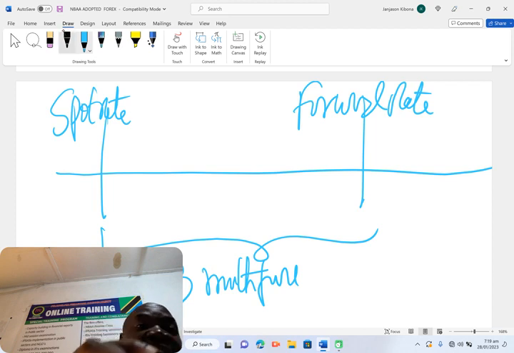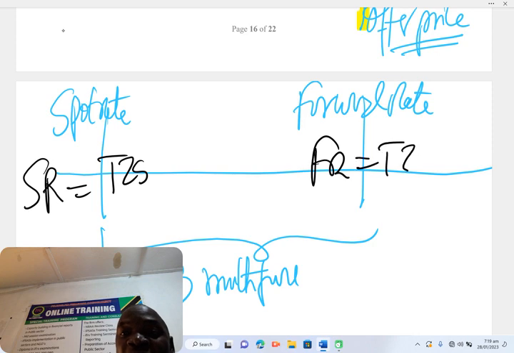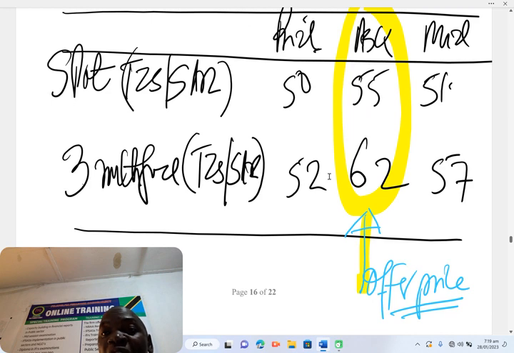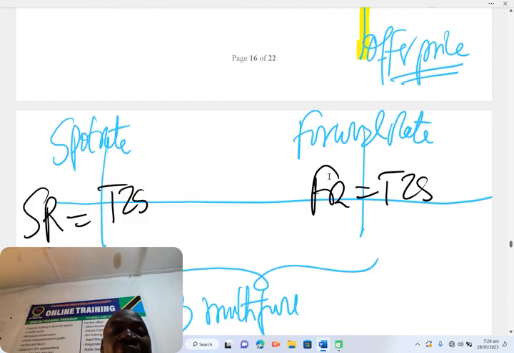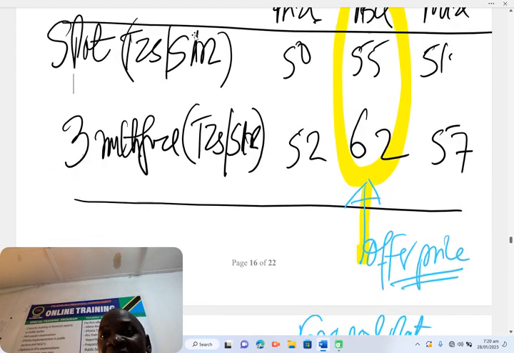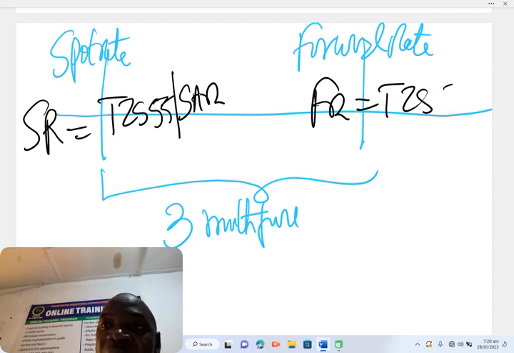We are back there. Here we say spot rate equals TZS, and here forward rate equals TZS. So as you see from the offer price, the spot rate is 55 and the forward rate is 62. So we have 55 against South African rand, and here we have 62 against South African rand.